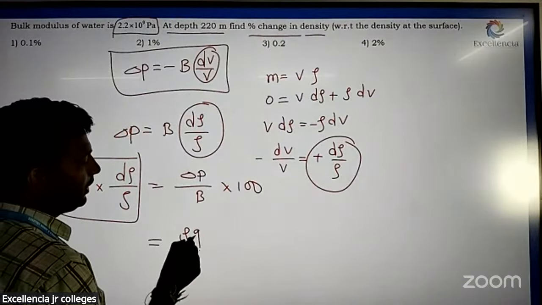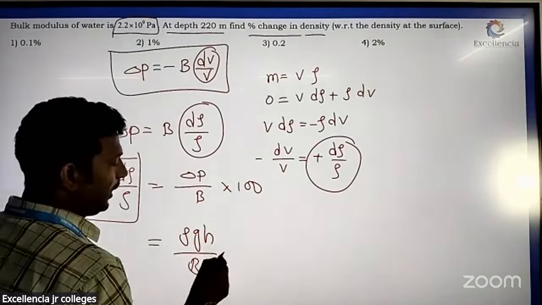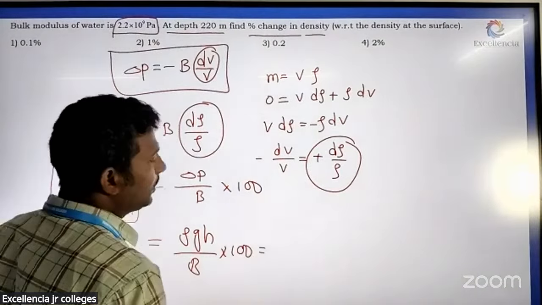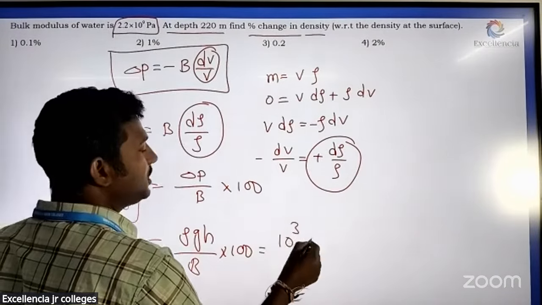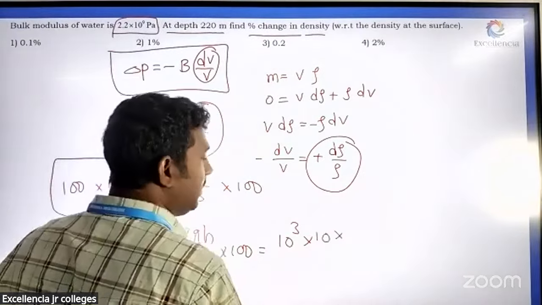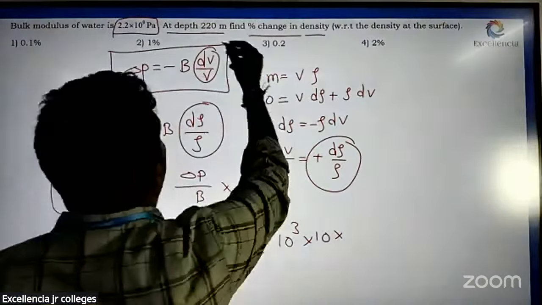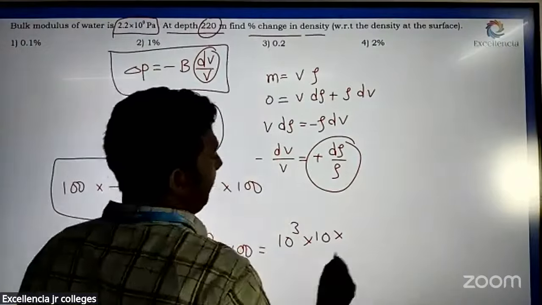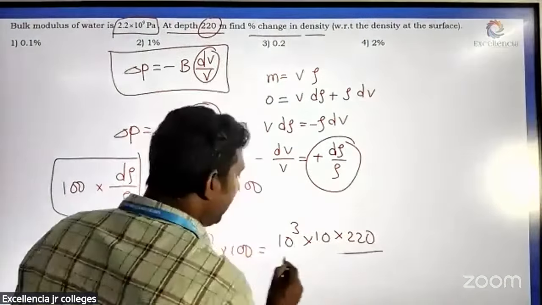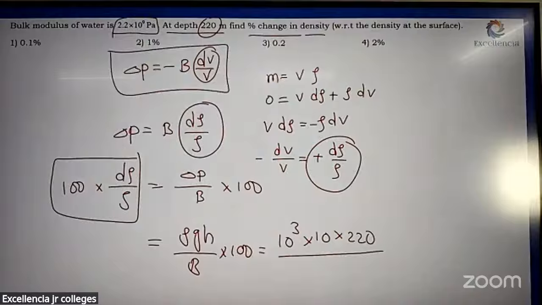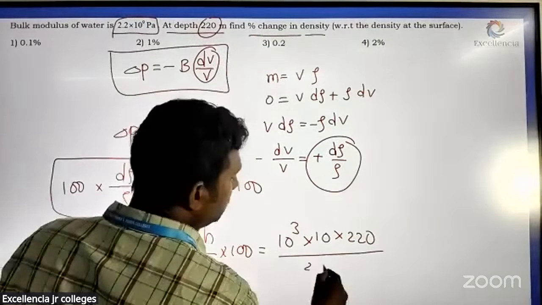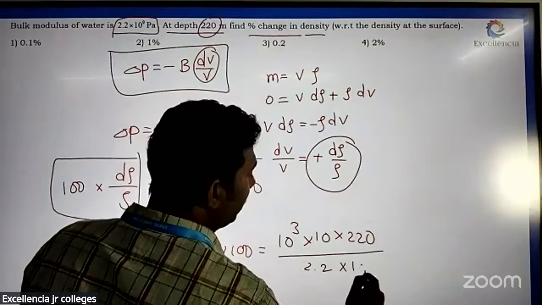Rho into g into h. So what is rho for the water? Into g, we can take approximately 10. H means depth. Depth how much they given? 220. Right. Bulk modulus they given as 2.2 into 10 to the power 9.